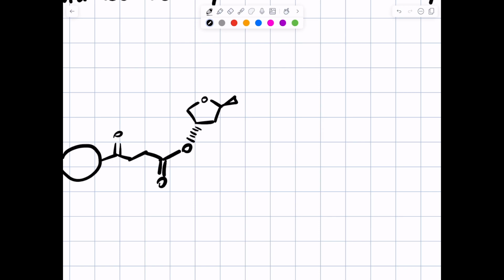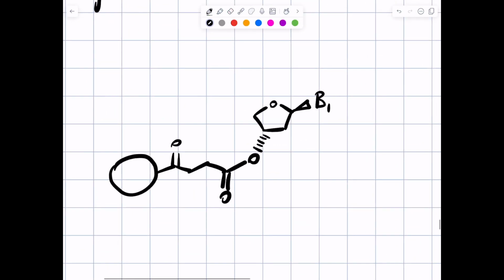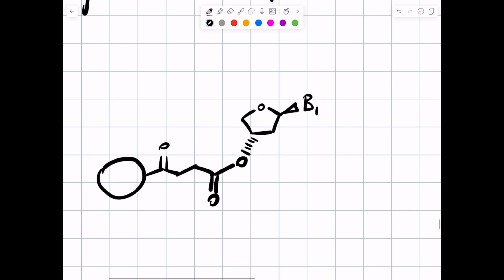Here will be the base, which we'll call B1. That's the first base in the sequence. The user would decide what it is, and you would need to have put the oligonucleotide on the resin to begin with. We're not going to worry about how that happens.